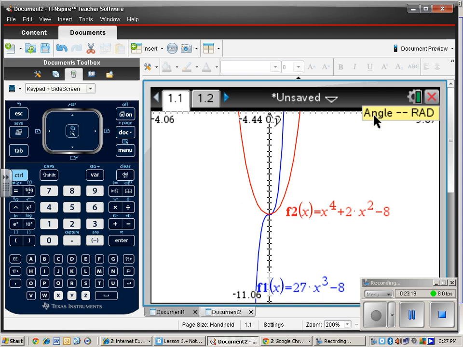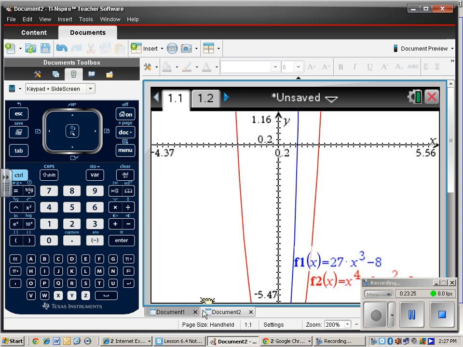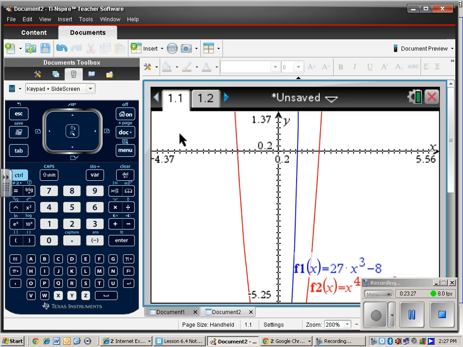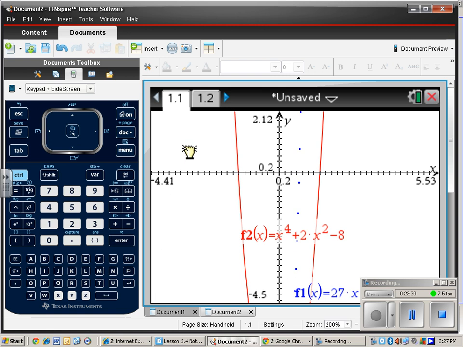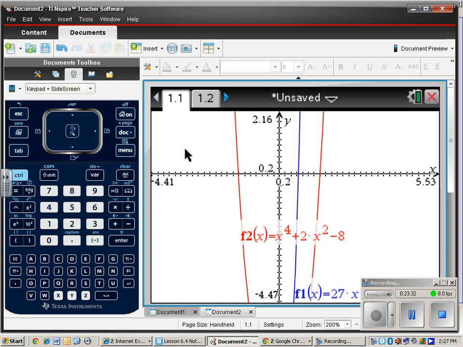I already graphed the blue line. You can't see it, it's hidden down here. The blue line is this equation.